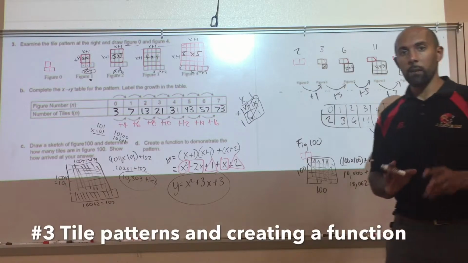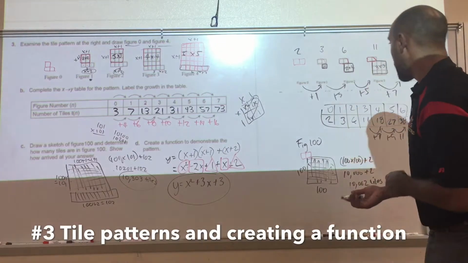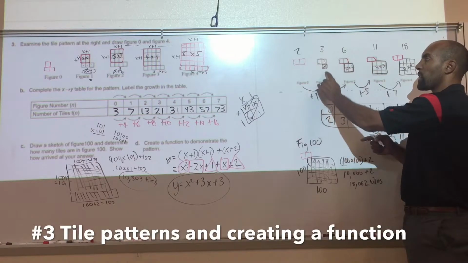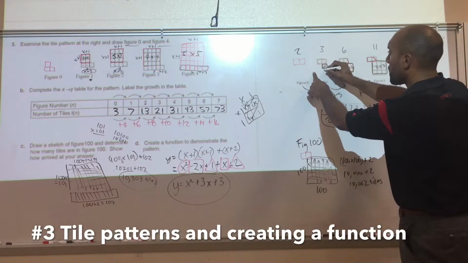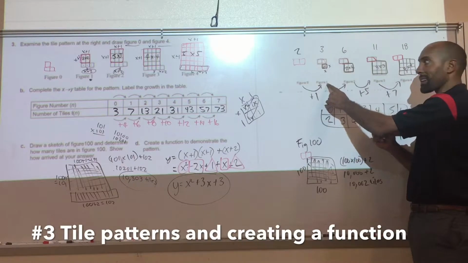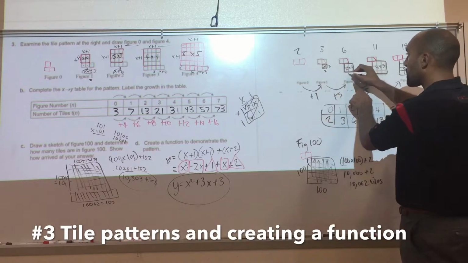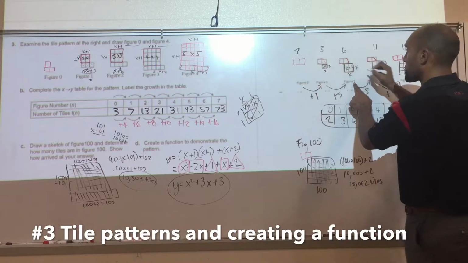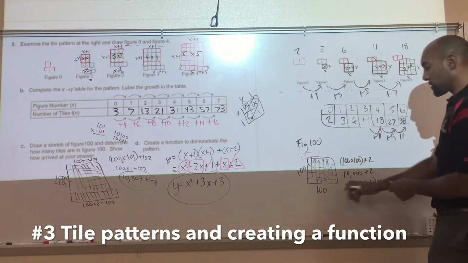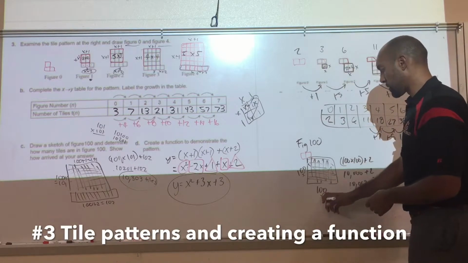Now the very last step, create the function. Going to each one, if it's figure 1, it's 1 times 1, so x times x, because the figure number is represented by x. So figure 2 is 2 by 2, or x times x, and the same thing here, x times x.